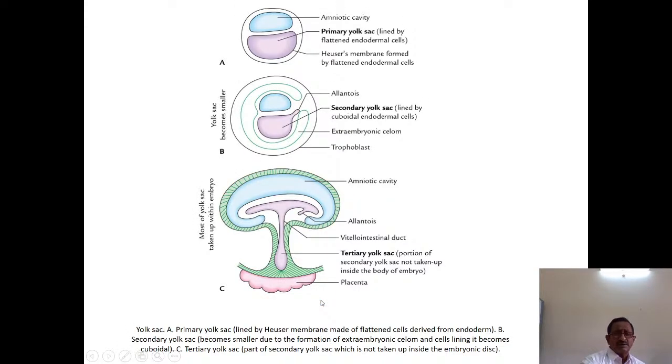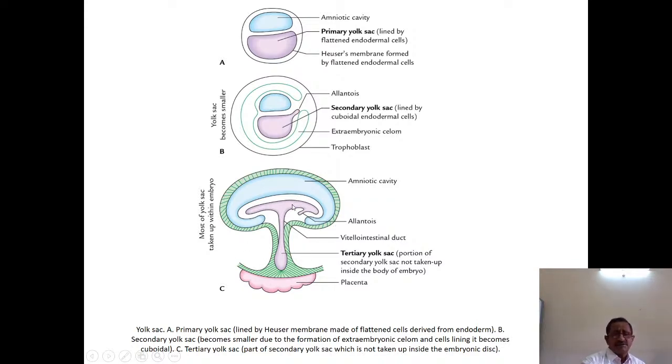And now the hind part of this yolk sac is forming a diverticulum, allantois. This allantois is going into the stalk of this embryo, and it will finally form the cloaca of this embryo.